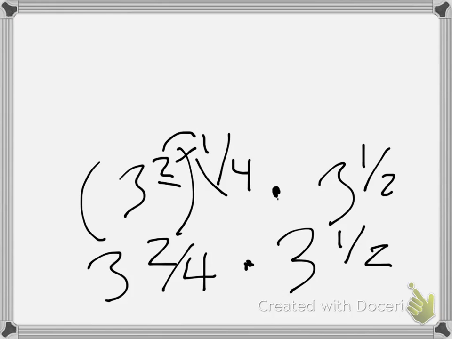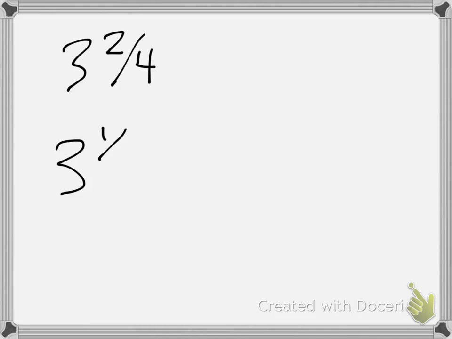But we are still not done. We have to simplify this again. So you're going to take the 3 to the 2/4 and simplify it again to make it 3 to the 1/2 times 3 to the 1/2.